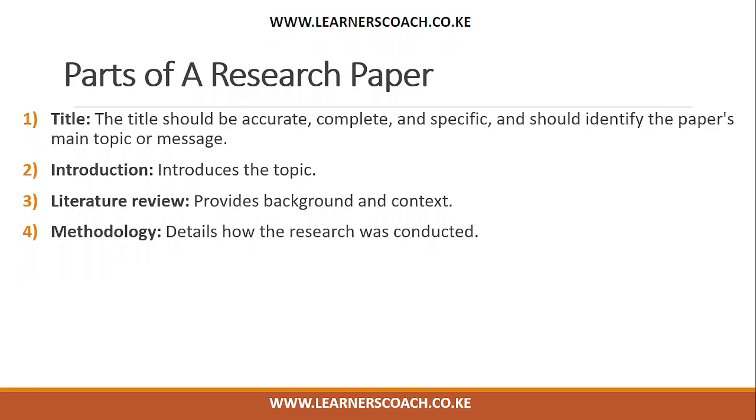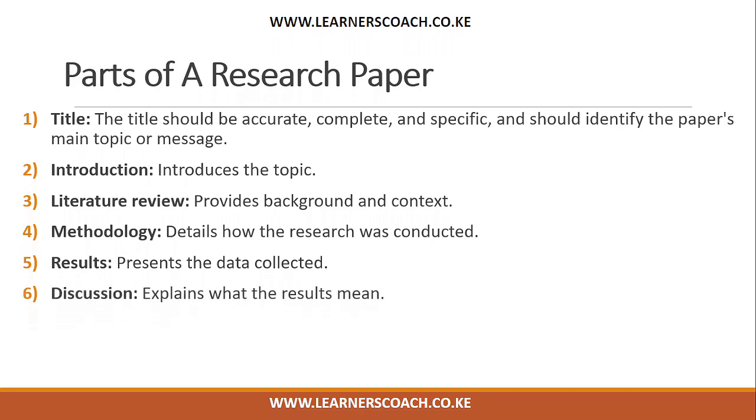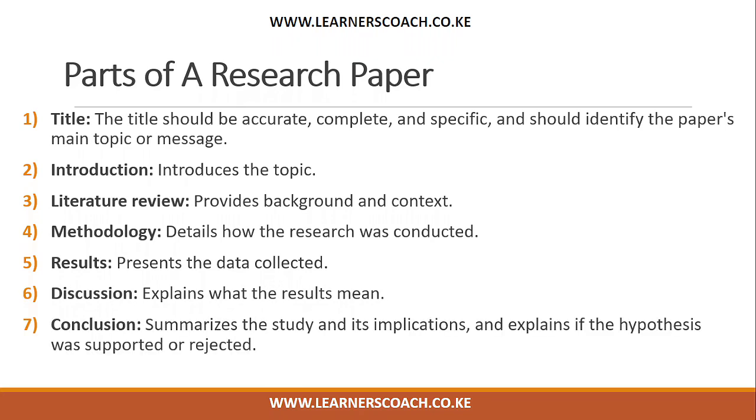So details of how the research was conducted, and of course results that are going to be presented, present the data collected, and of course discussion explains what the results are. And then lastly, you are going to have a conclusion which summarizes the study and implication and explains if the hypothesis was supported or rejected, right?